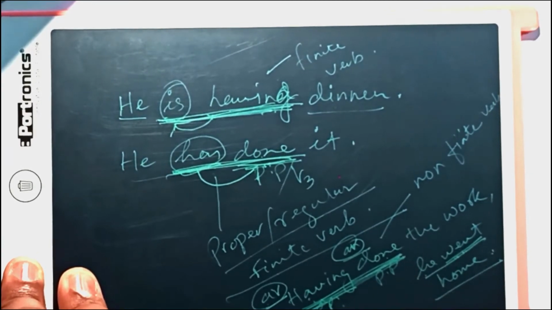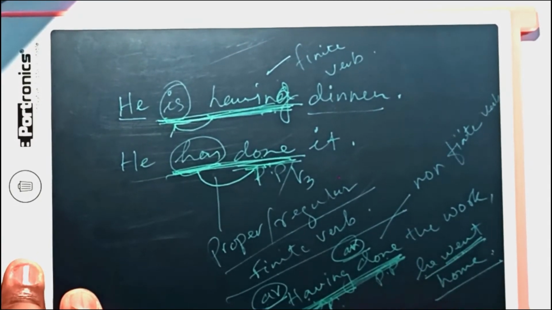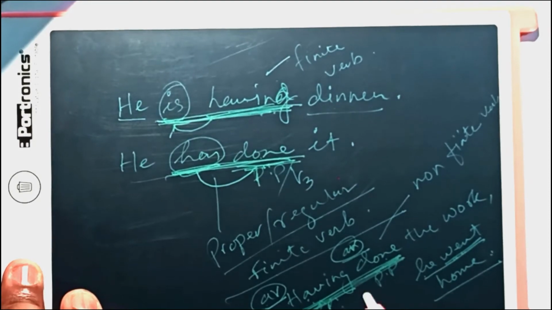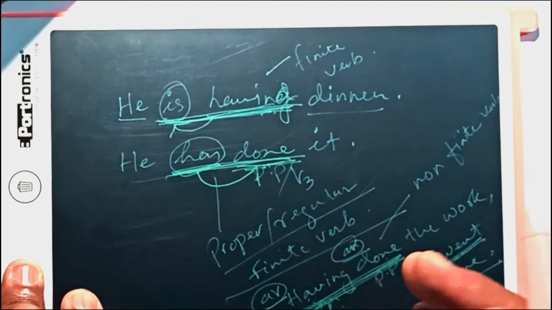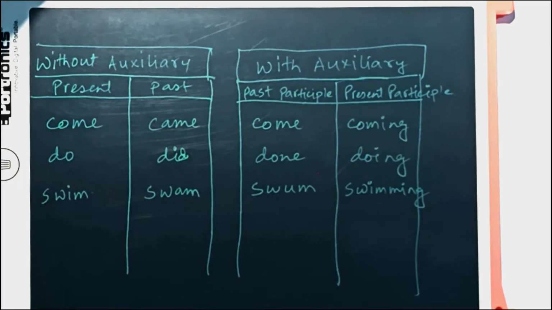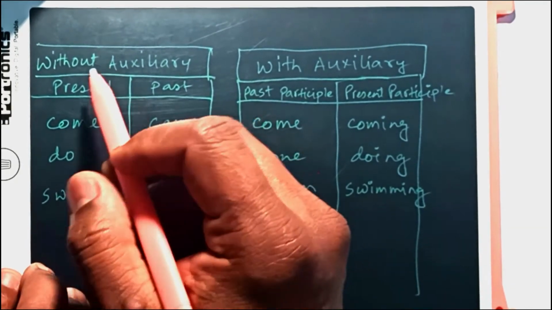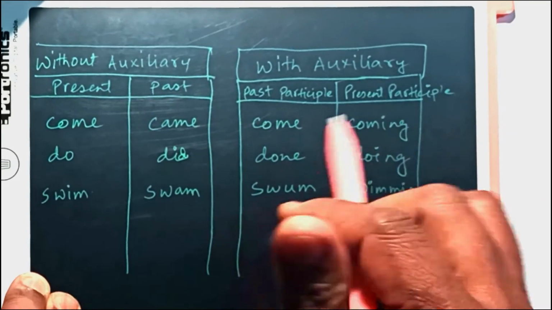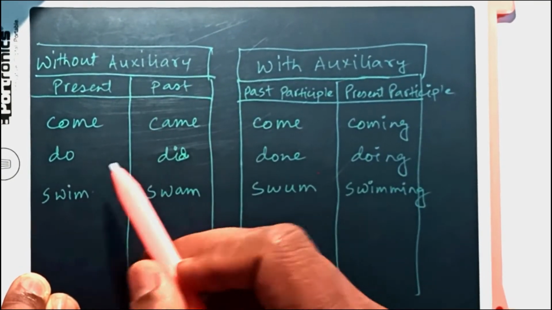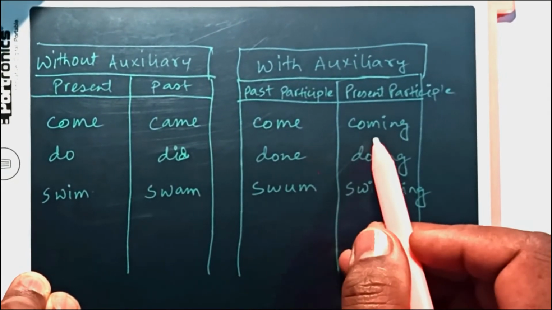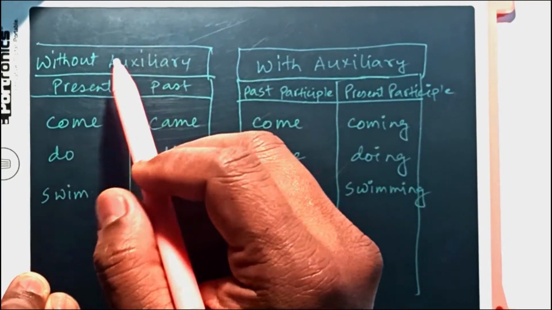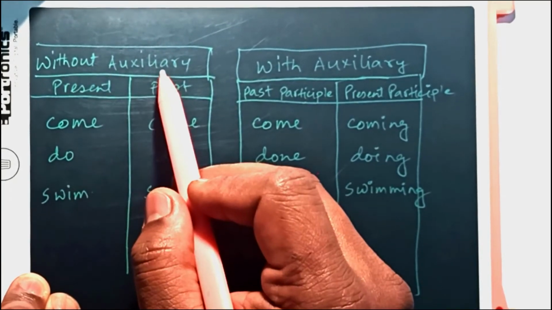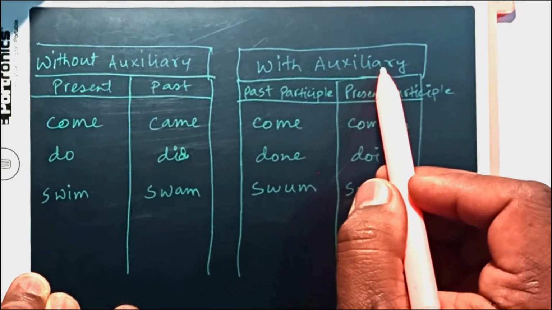Now let me take you to the chart where I'm going to discuss the different verb forms. Okay, let's look at this chart. You can see here I have separated it into two blocks, with two columns here and another two columns here. I have written without auxiliary and here with auxiliary.